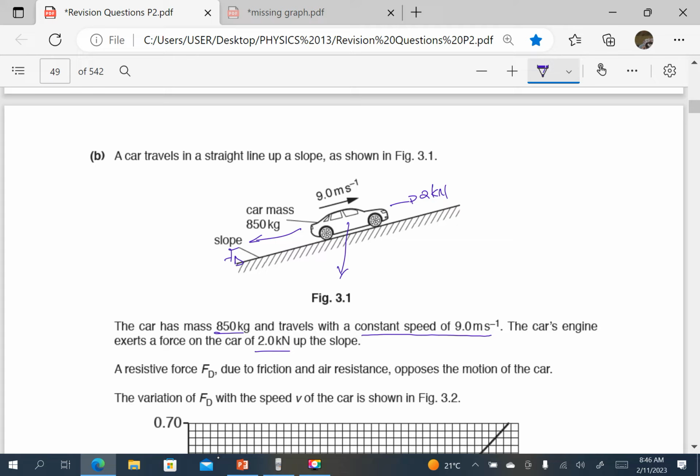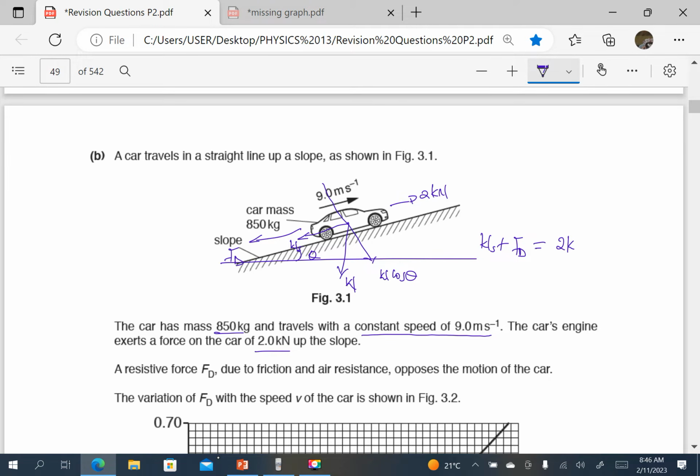Let's say this is the weight W. Weight W has a component perpendicular to the plane, which would be W cos theta if there was an angle theta here, and there's a component of W down the plane, which would be W sin theta. And so we want this component down the slope. The component down the slope plus the frictional force down the slope should be equal to the force upwards, because the resultant force is 0.